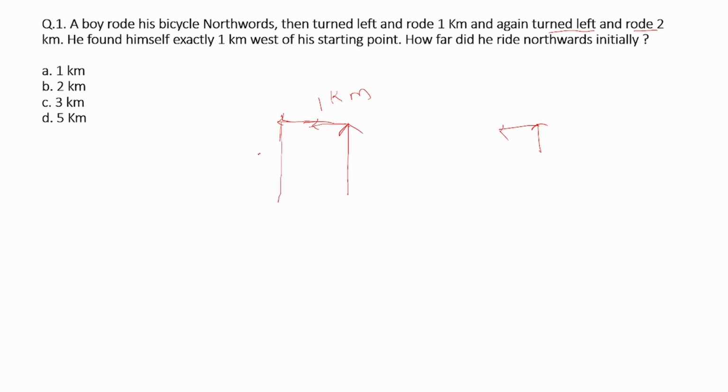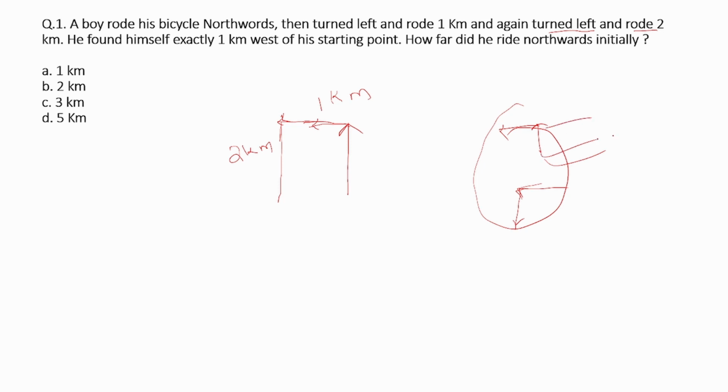This is the 1 kilometer line, so obviously the 2 kilometer line will be bigger than the 1 kilometer line. So this is 2 kilometer. After reaching here, he turned left towards this direction. We know that a west moving line after taking a left turn will move in this direction. This we have already discussed in our previous classes.